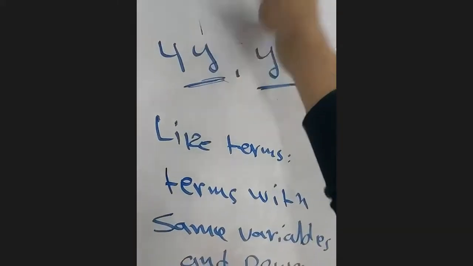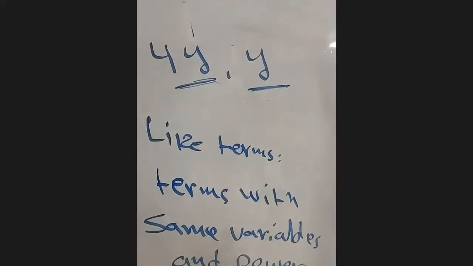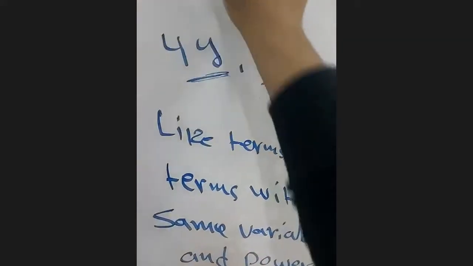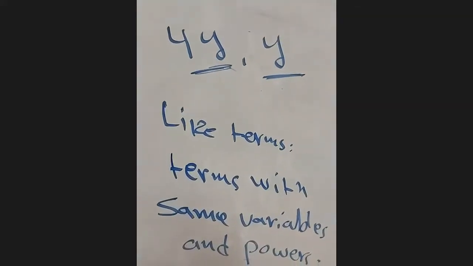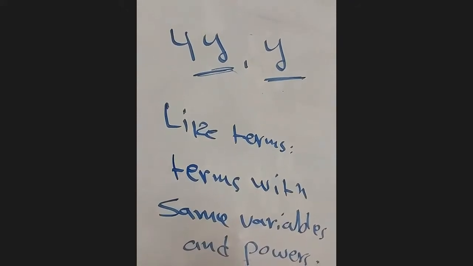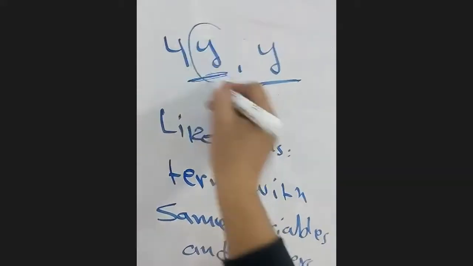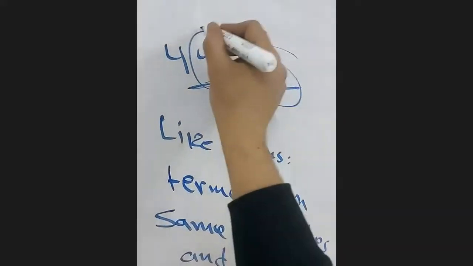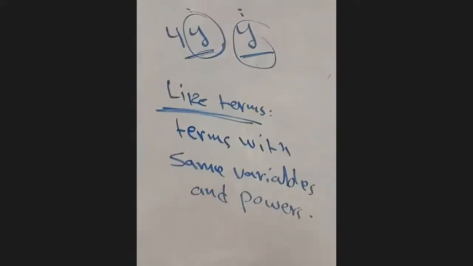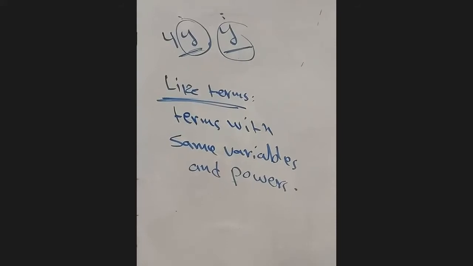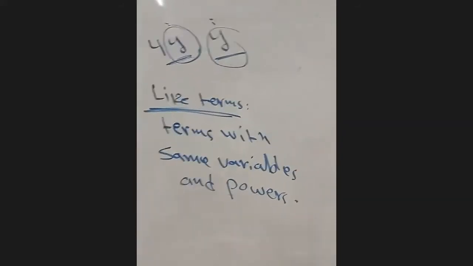Now, if you have no exponent, no power, it is 1. So do we have an exponent here for the y? 1. So we have the same variable and the same exponent. So they are like or they are not like? Like. Thank you.